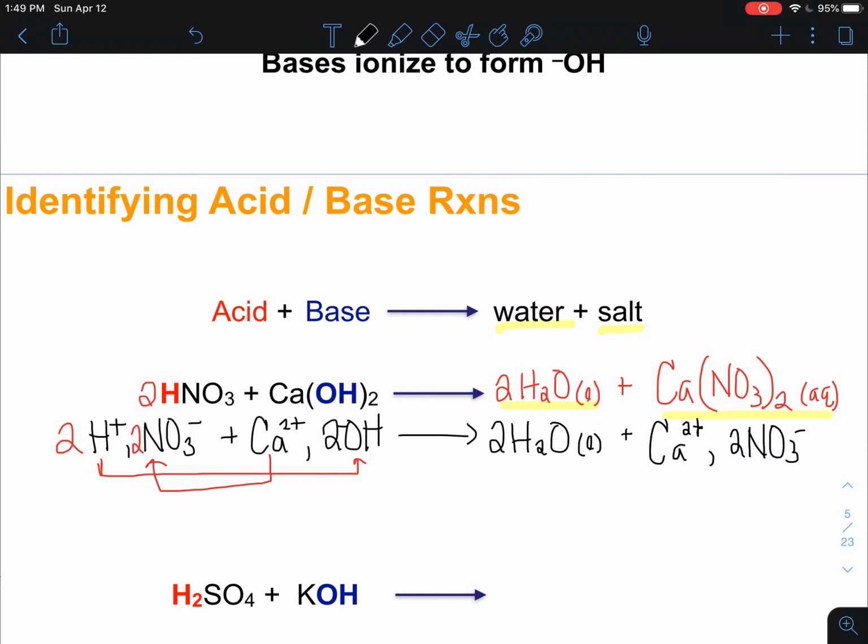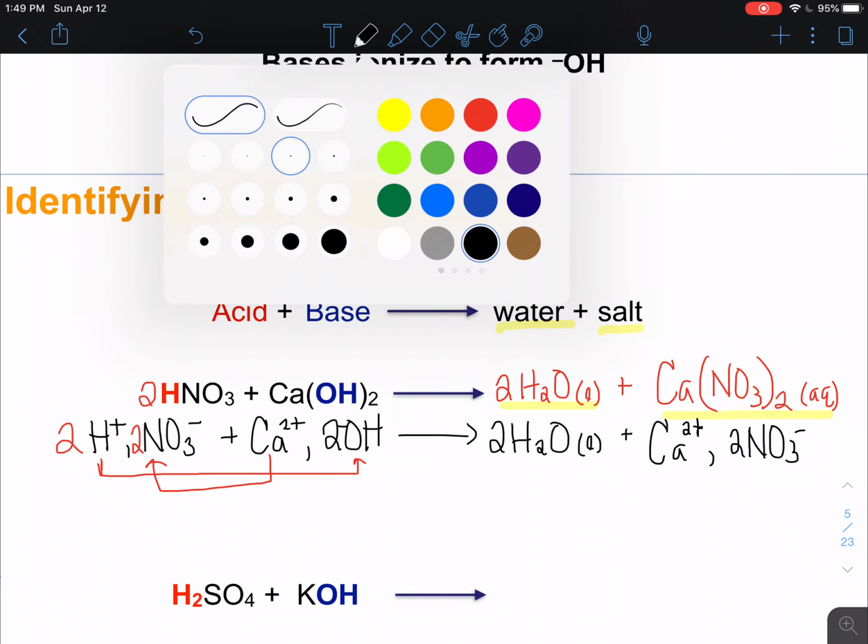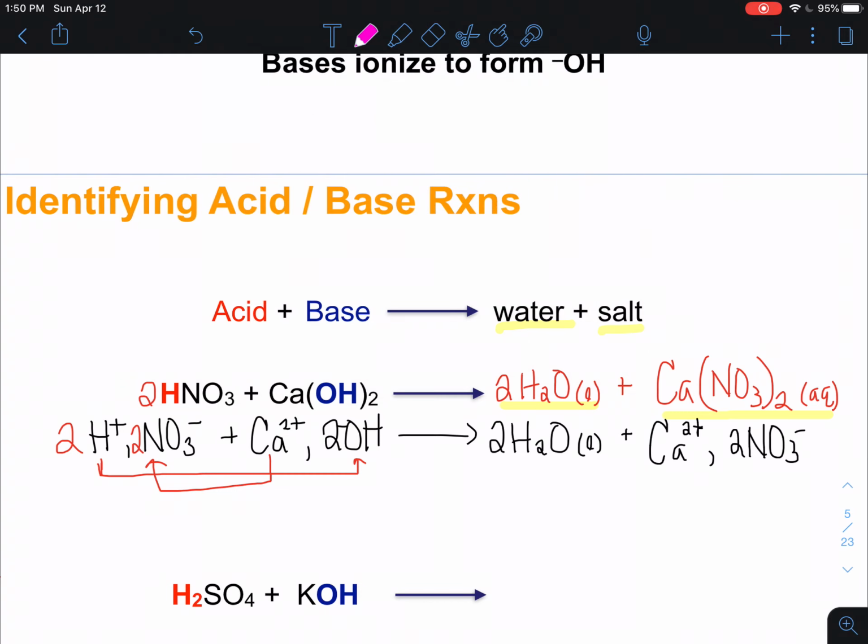All right. Now I'll do the net in pink. To do the net in pink, we're going to remove all of our spectator ions, and that means that this is gone, and this is gone, and this is gone, and this is gone.